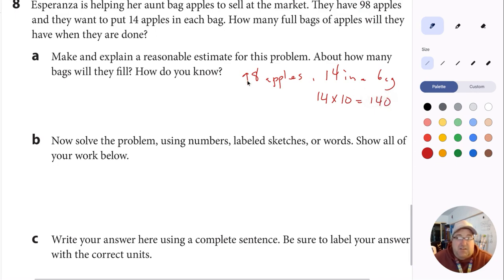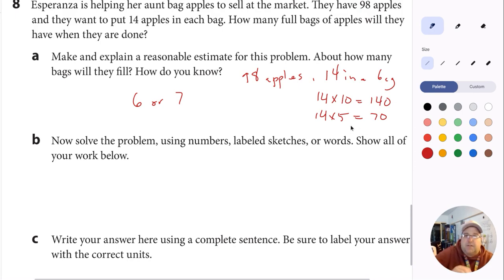So that's clearly too much. So if I cut that in half, that means 14 times 5. Well, half of 140, that'd be 70. It's getting closer. So there's going to be more than 5 bags. Let's see, if I add another bag, that'd be another 14. This would be 84. So, yeah, I'm thinking maybe 6 or 7, maybe. I don't know. Just kind of based on some rough numbers here.